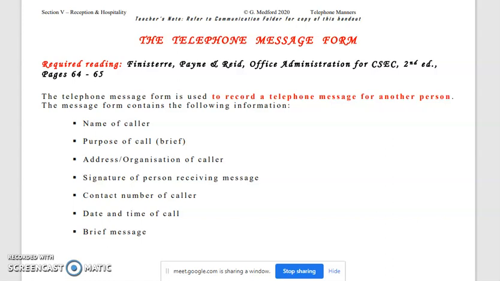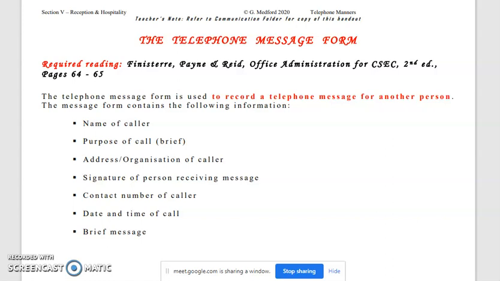All right. So it is important for the receptionist to gather the correct information to complete the telephone message form. The procedure is that when the call comes in, the receptionist should inform the caller that the person whom they wish to speak to is unavailable, either through absence or being in a meeting or whatever.